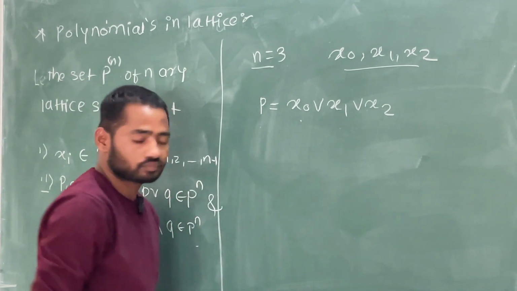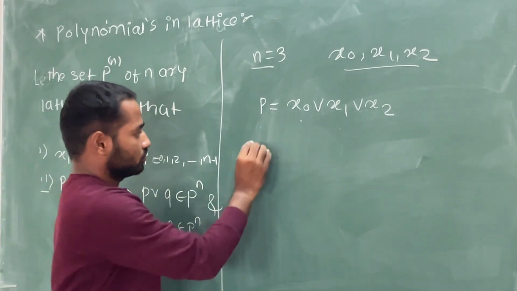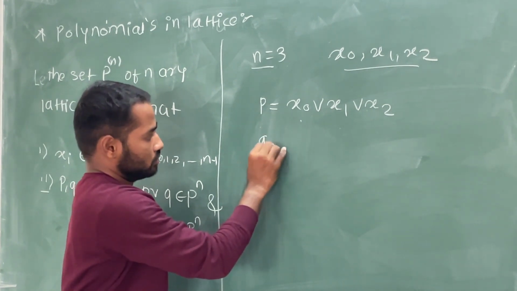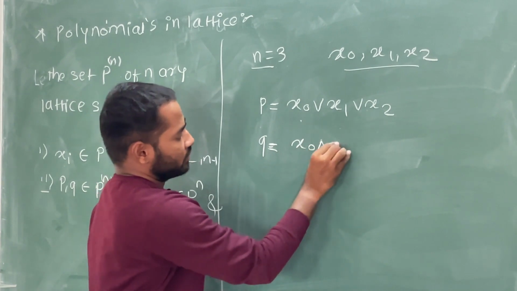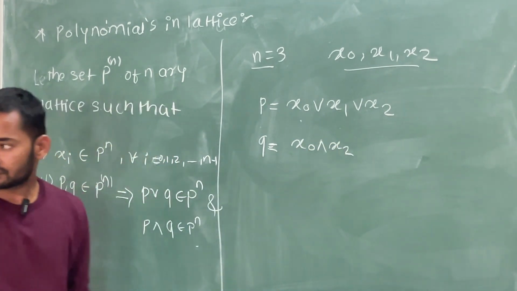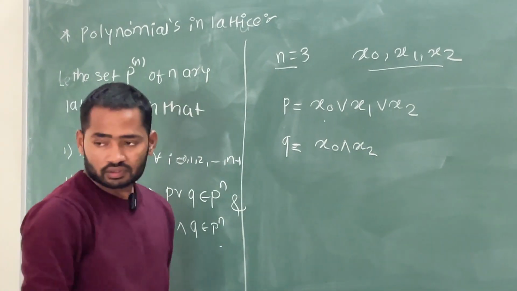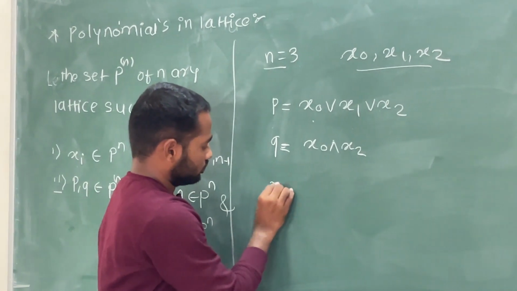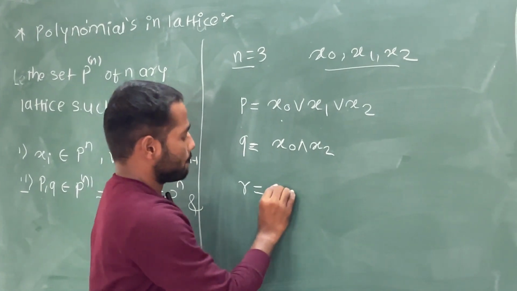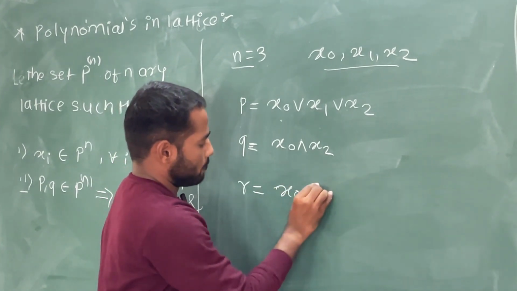This is one example. You can give a lot of examples. Can someone give an example of a polynomial? Yes, x0 meet x2. You can take a combination of meet and join also. Not only meet will be there, not only join will be there.